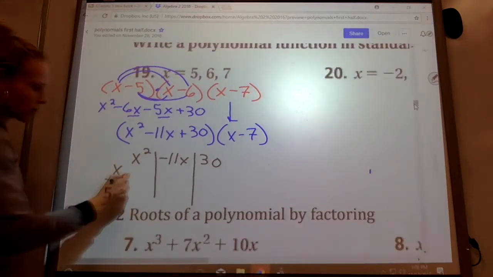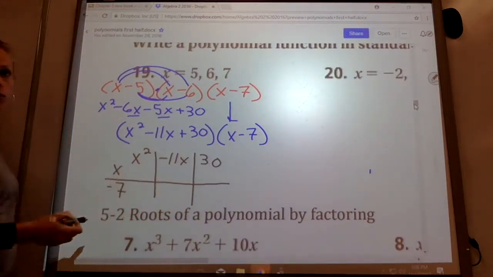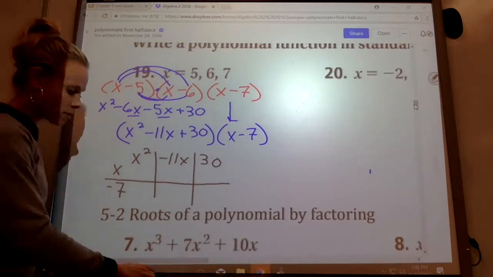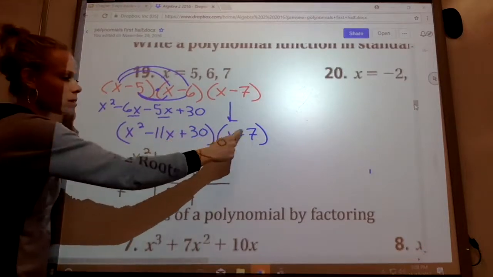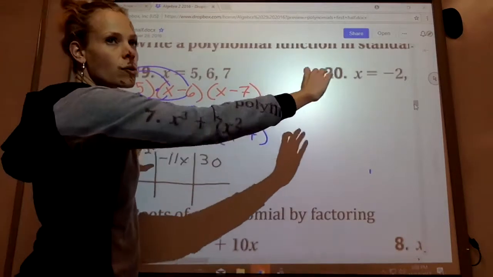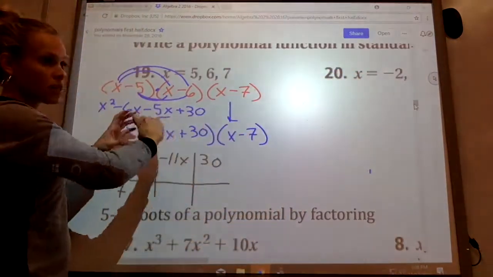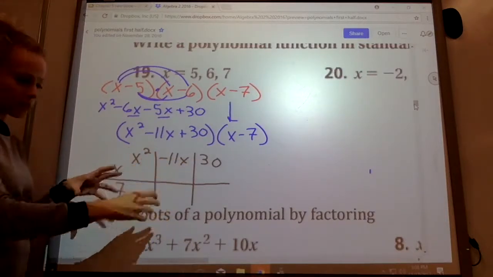I do not have enough room. And then you just multiply the corresponding row with column to get all your terms. So I'm still taking x squared times each term, negative 11x times each term, 30 times each term. But instead of getting this huge, long, horizontal row of 9 terms, or 6 terms, I mean, I can use a table and have them all together.